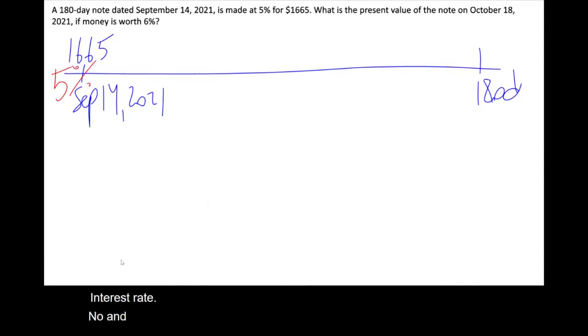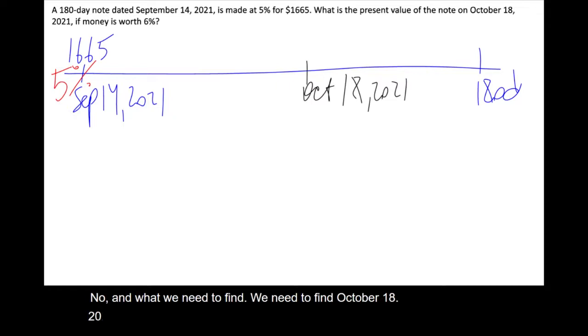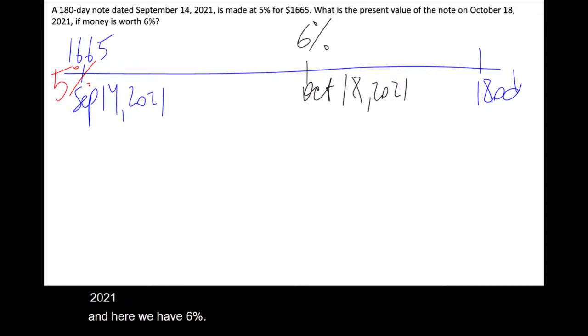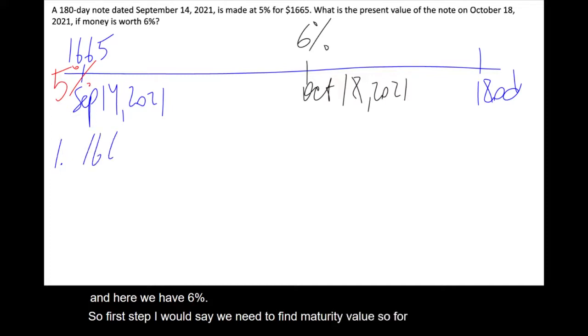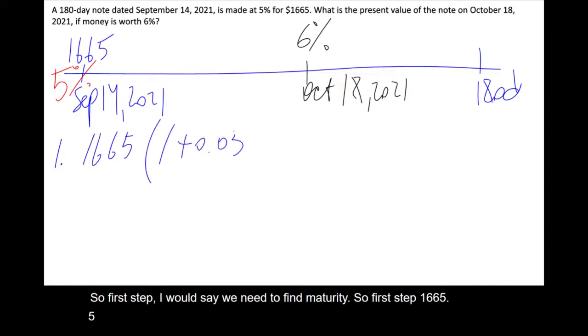Now, what we need to find, October 18, 2021, and here we have 6%. So first step, I would say we need to find the maturity value. So first step, 1665, 5% interest rate, 180 over 365.